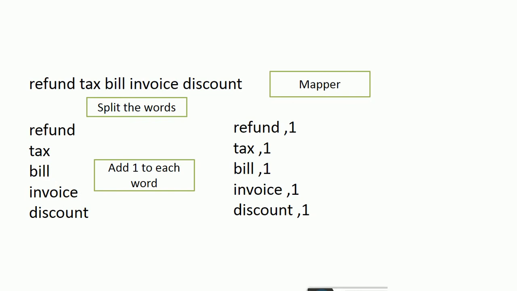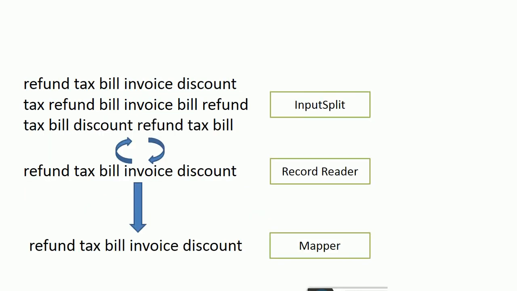As I said, here also the data is coming in the form of key-value pairs, but I haven't mentioned it there; I'll just tell you verbally. This refund, tax, bill is actually the value, and there is a key. In this case the key is the address of that particular line. Just remember this much as of now.